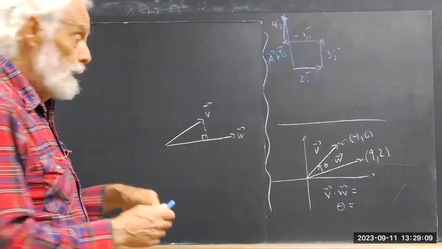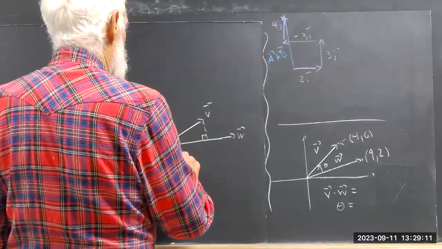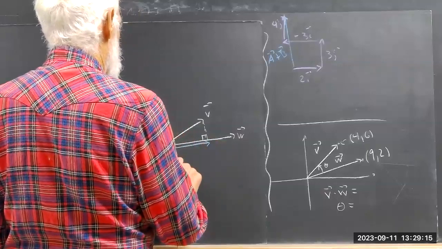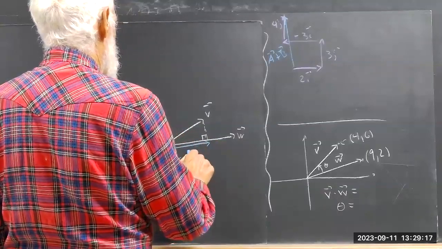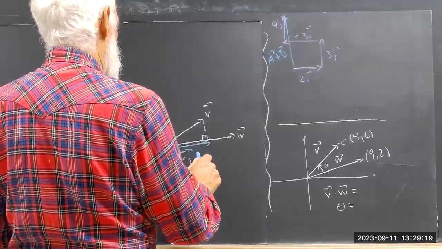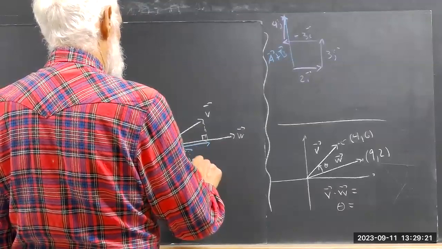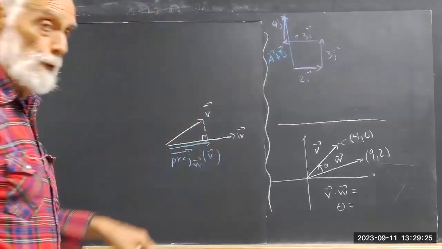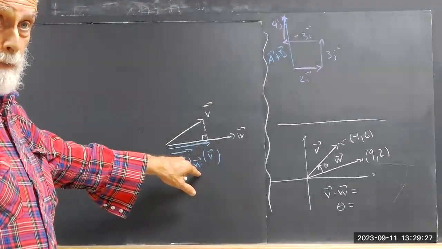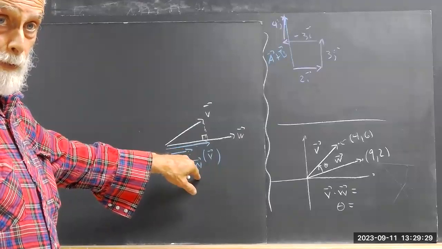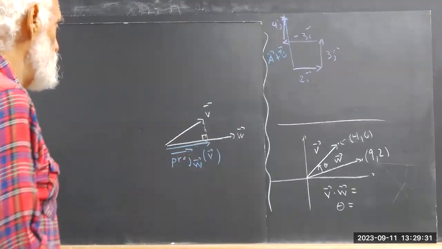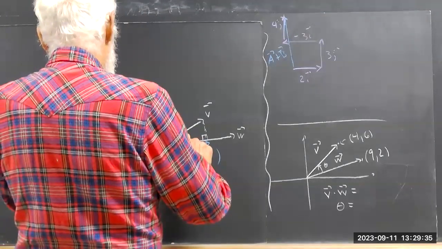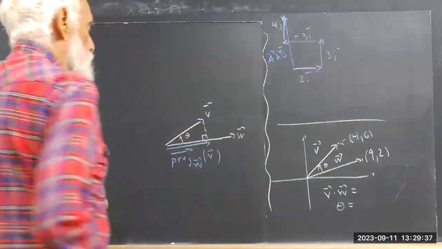Scalar projection could be negative. Okay. Vector projection takes care of all of that. And it's pretty universally denoted projection sub W of the projection on W of the vector V. And well, this angle's theta.